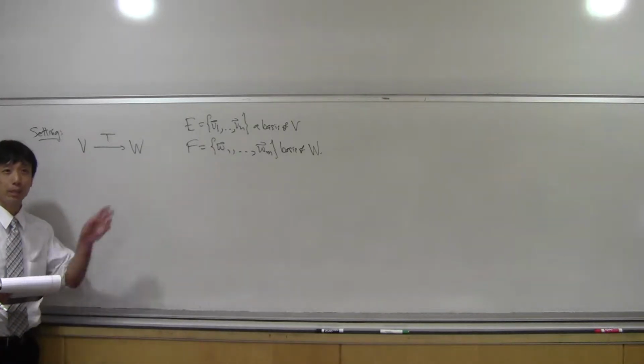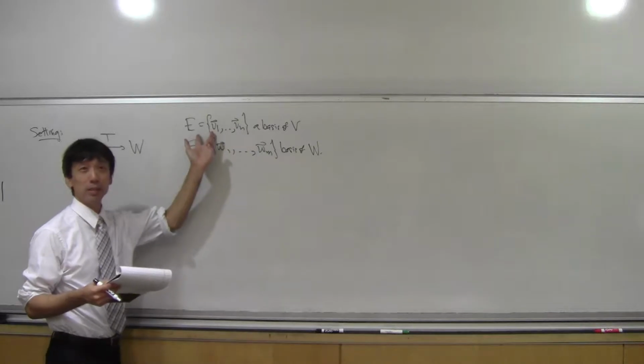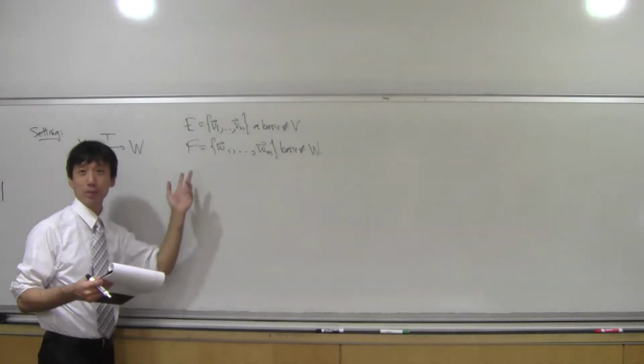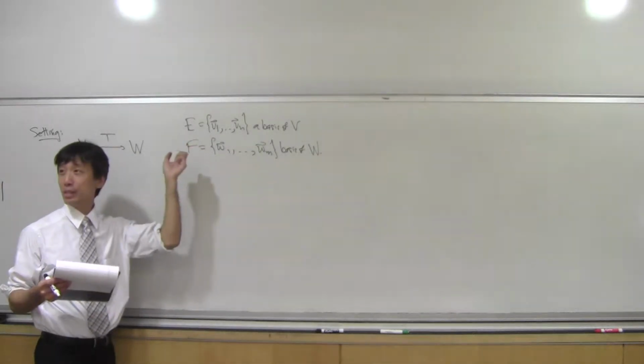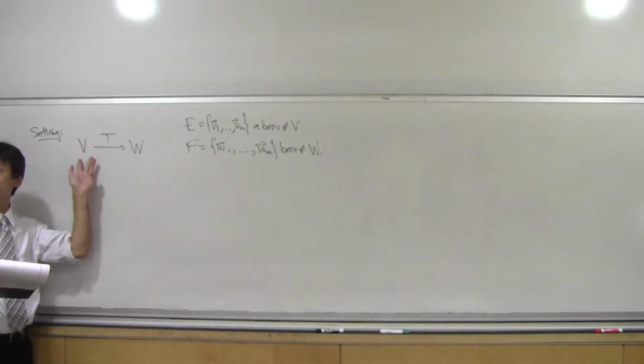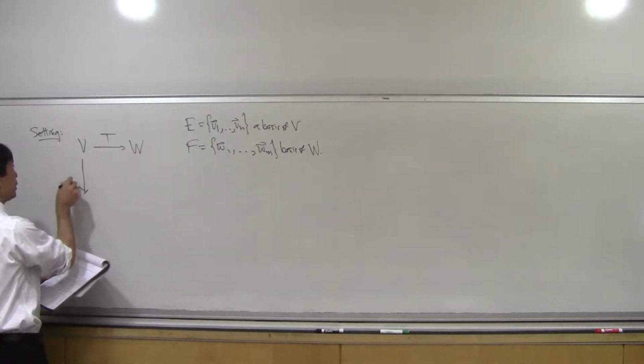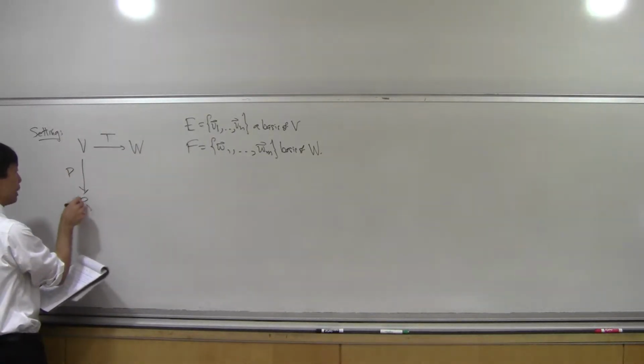Okay. And then once you have those things, remember, once you have bases, then you have the coordinate vector maps, right? Every time you have a basis of a vector space, you've got the coordinate vector map. So we have what we were calling P, the coordinate vector map.